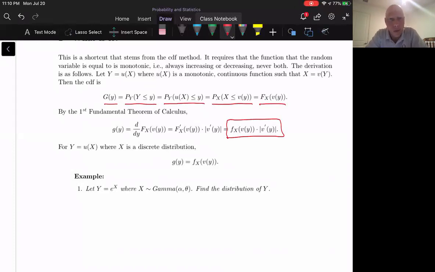So it's essentially what we've been doing. It's just we've really have been working through every step, whereas now you could really jump straight to it. It does require that the function that your random variable is equal to is monotonic. Does anyone know what monotonic means?